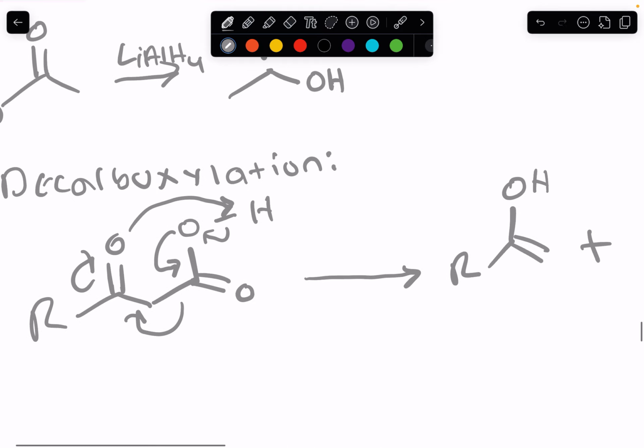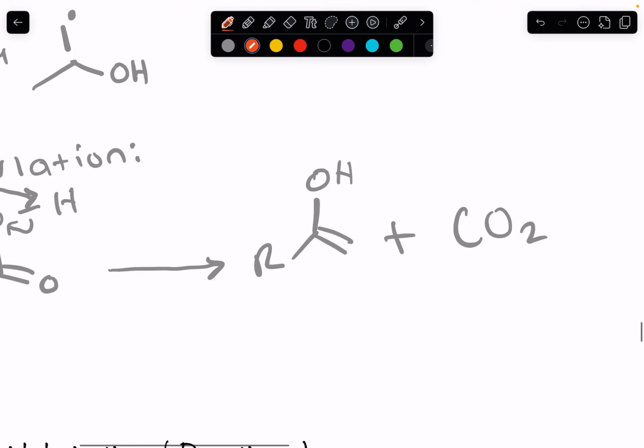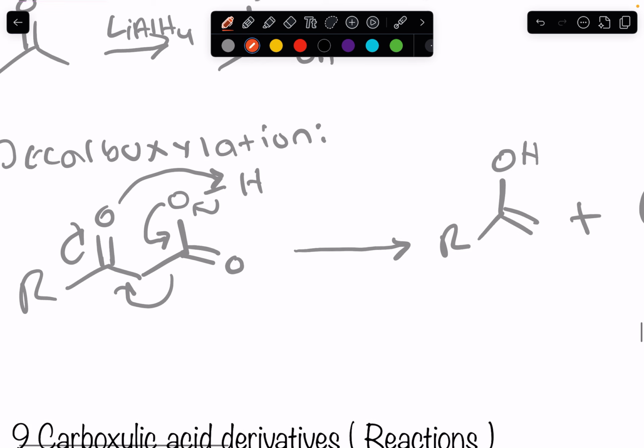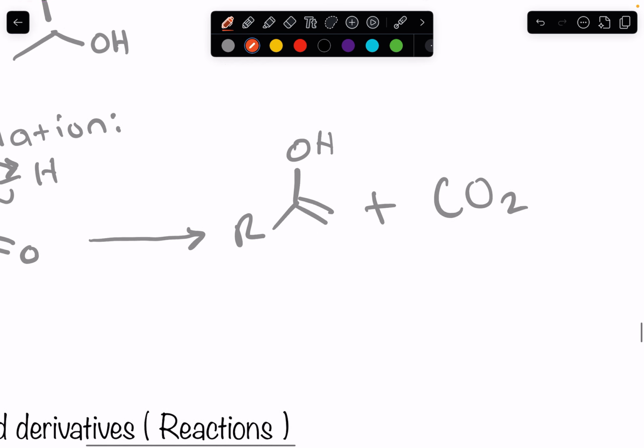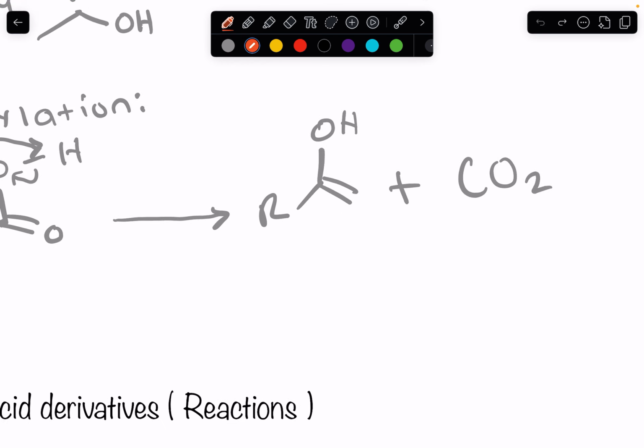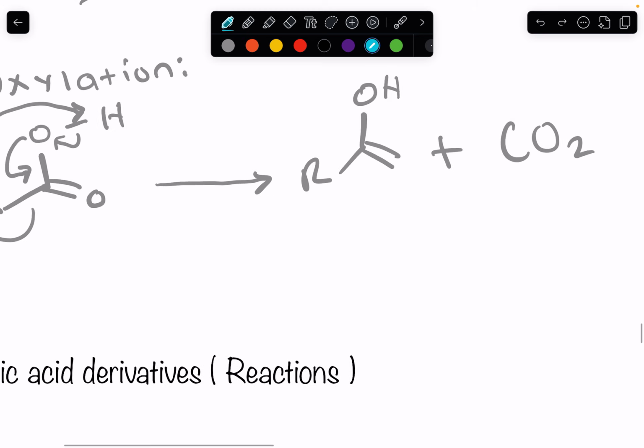It looks very hectic, and that's because it is. First off, you make an enol, and then you make a carbon dioxide molecule, and then you need to remember your enols can tautomerize, and it's going to prefer your keto form.